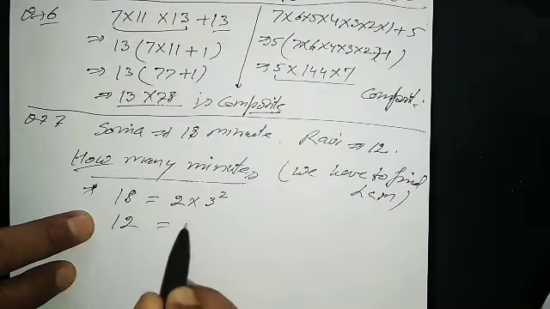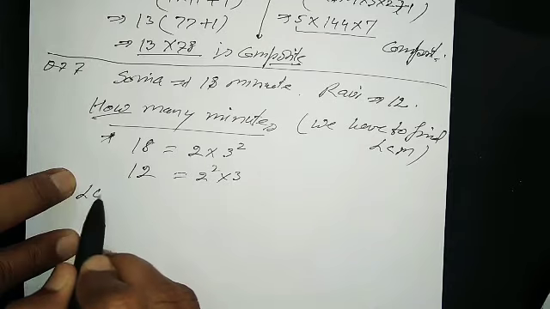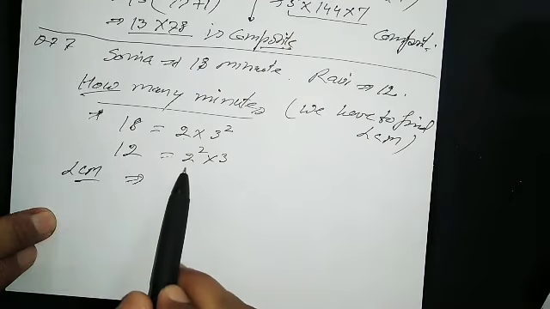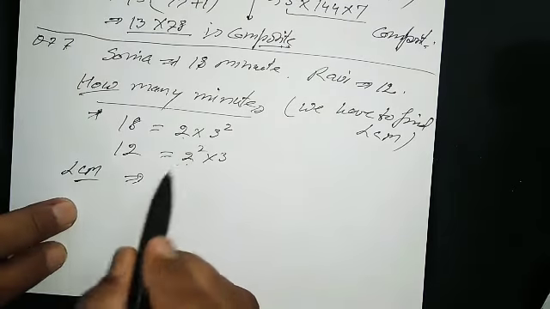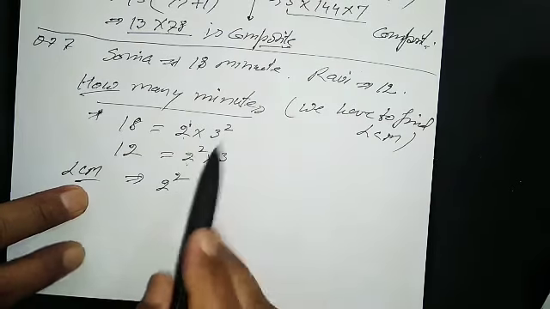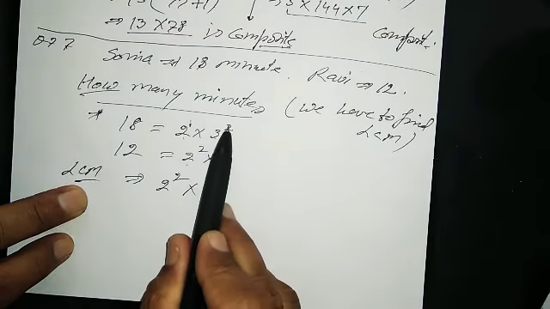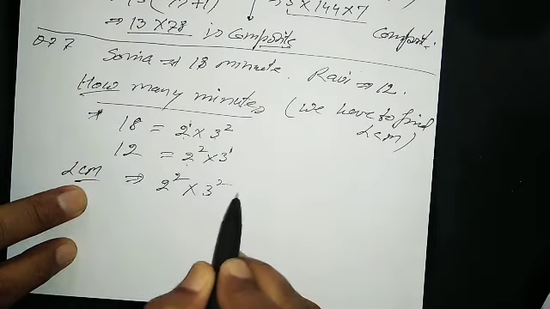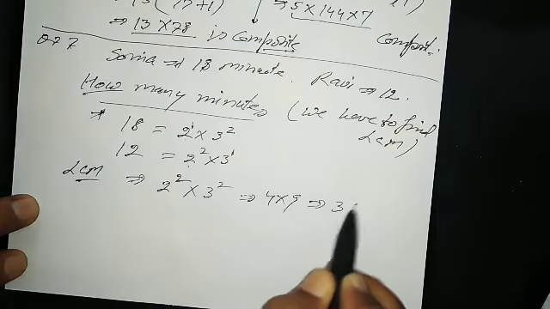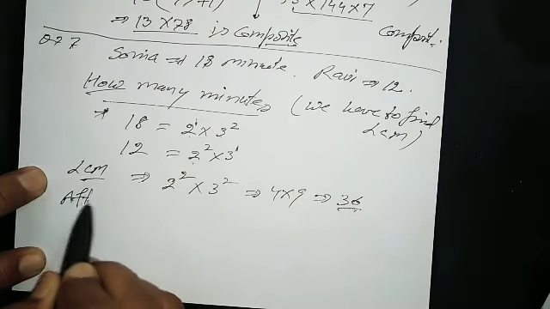Also 12 can be written as 2 power 2 into 3. You can find the LCM directly. The highest power of 2 is 2 power 2, so we take 2 power 2, not 1. The common factor 3 has the greatest power 3 power 2. So you get 4 times 9, which is 36.